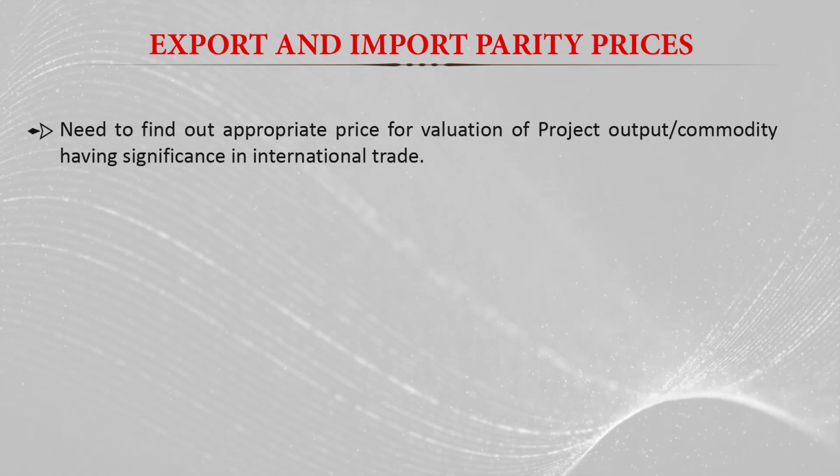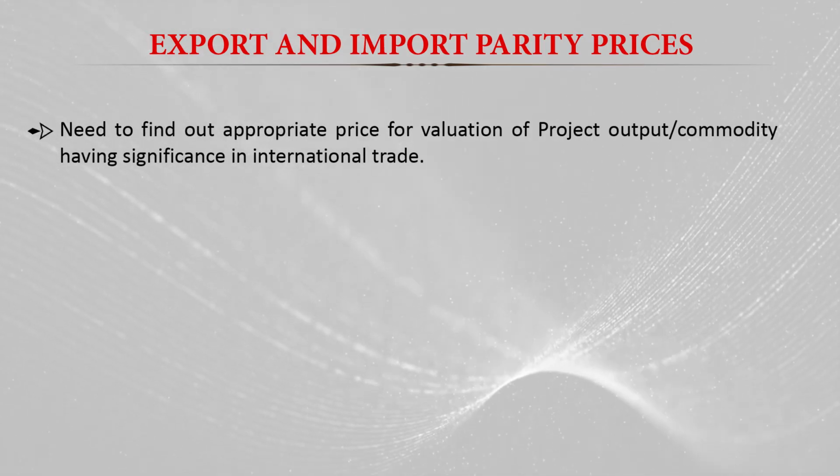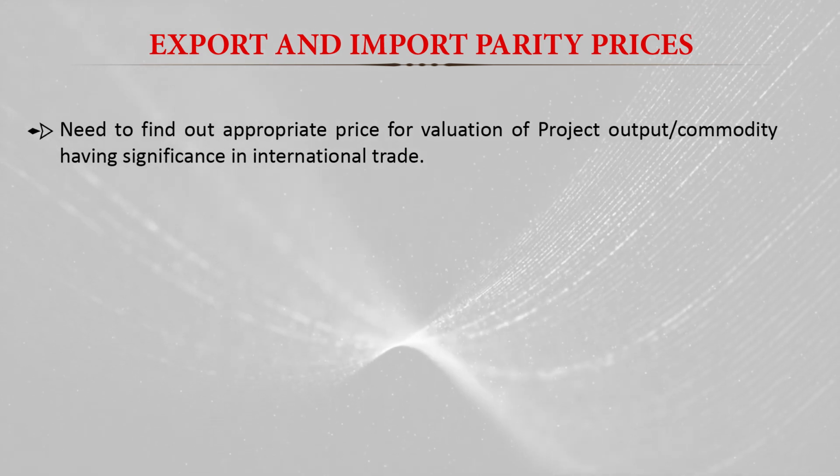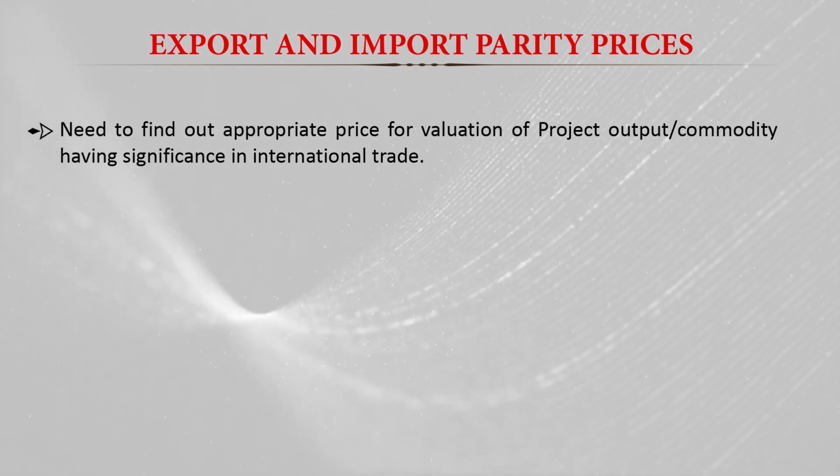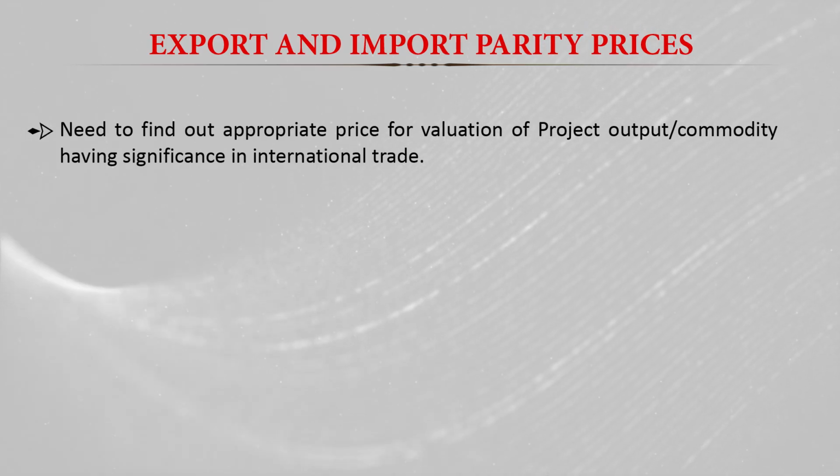traded commodities. Now we will move to the export and import policy prices. When we have international trade, we need to find the appropriate prices for the valuation of project output or commodities having significance in international trade.